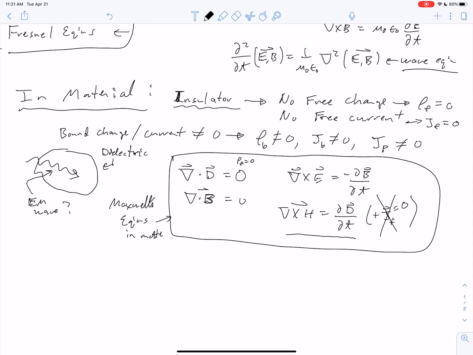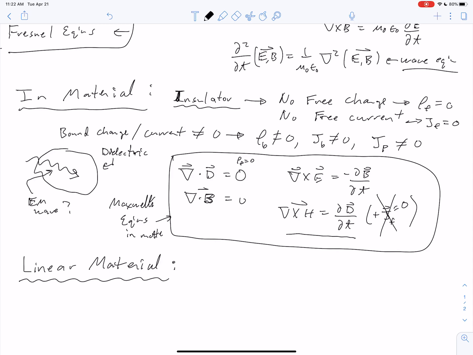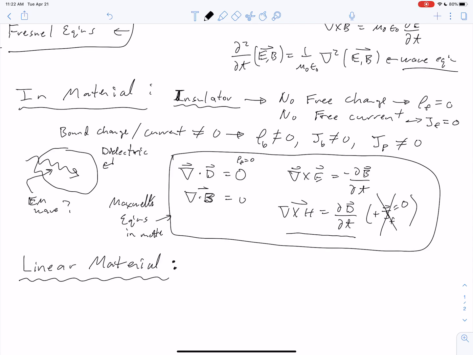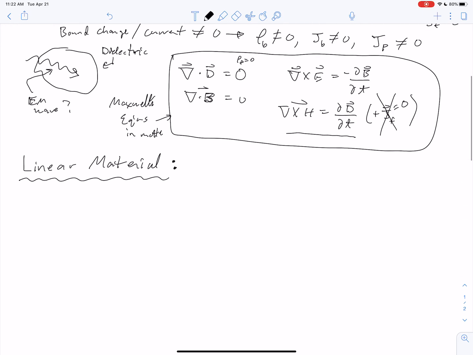Let's consider the simplest case, linear material. This is the main case that we'll discuss.